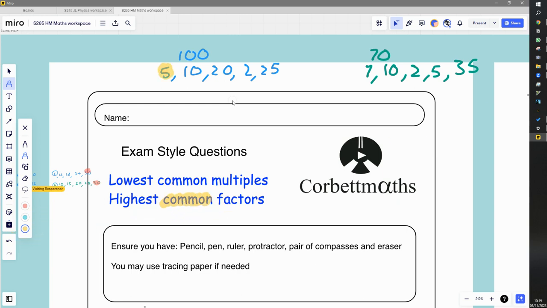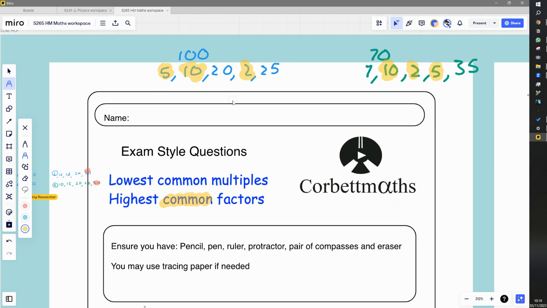Well, they have 5 in common, so that's a common factor. They have 2 in common. They have 10 in common. All right. 100 cannot be divided by 7 or 35, and 70 cannot be divided by 20 or 25, so these are not common factors. Now, of the ones I've looked at here, 10 seems to be the highest common factor.